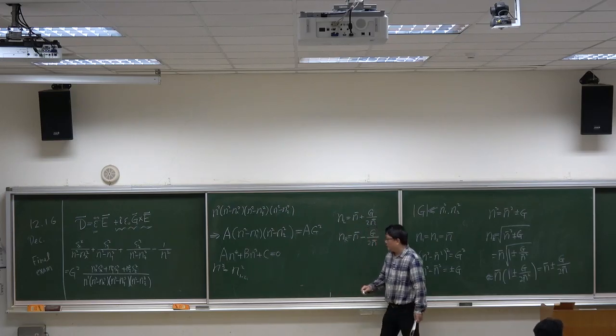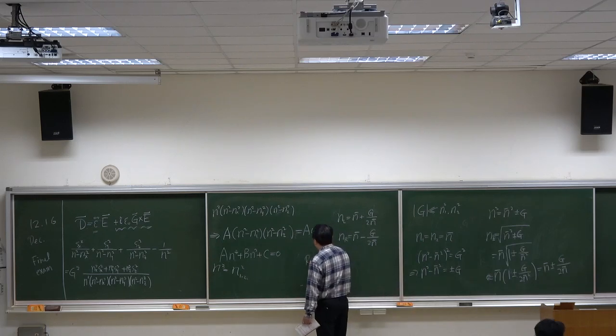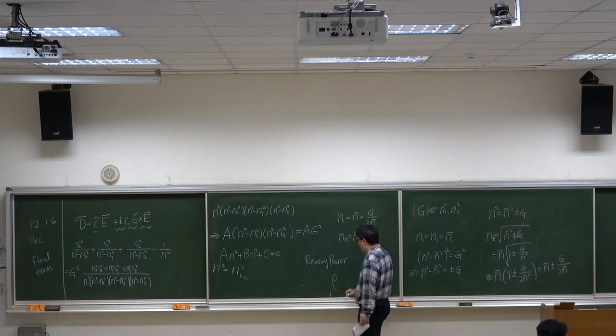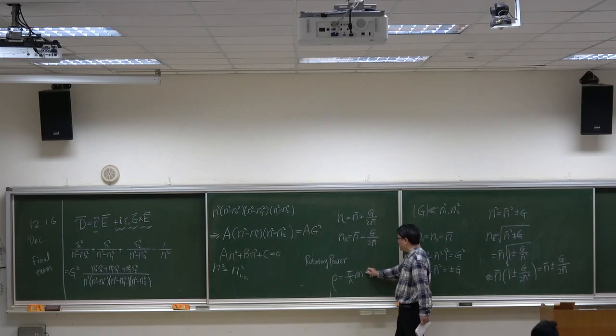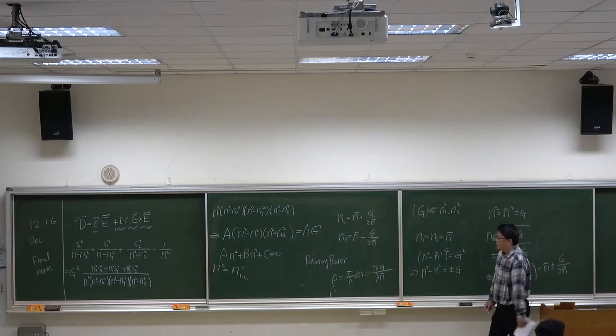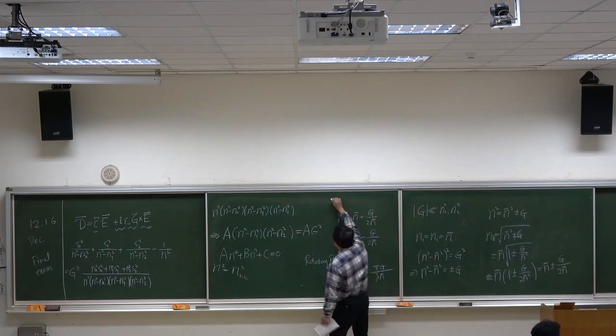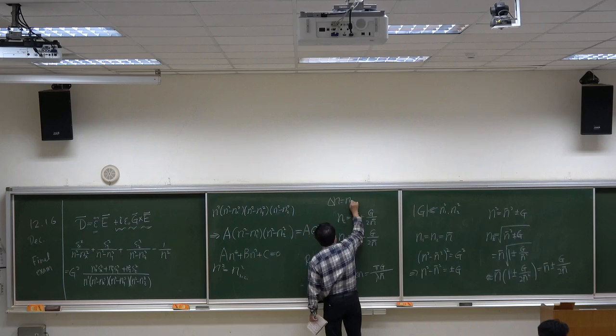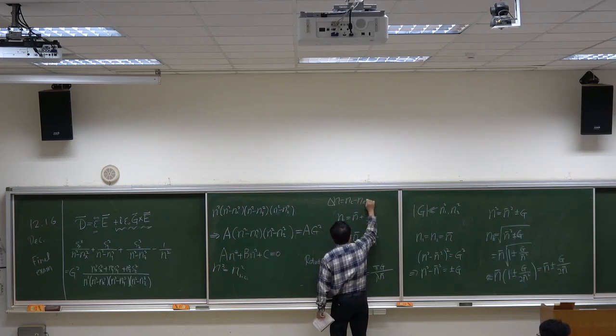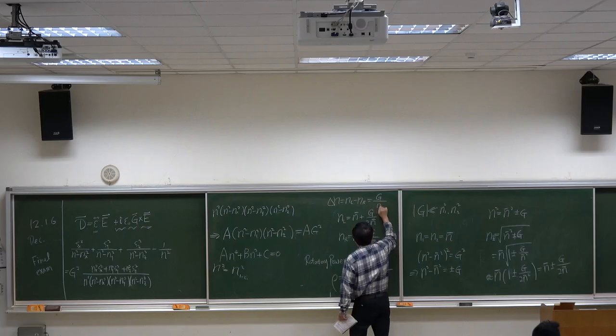So what is the rotatory power? Rotatory power is equal to rho equals pi over lambda times delta n. And now delta n is nothing but g over n bar, because delta n is nL minus nR, which is equal to g over n bar.